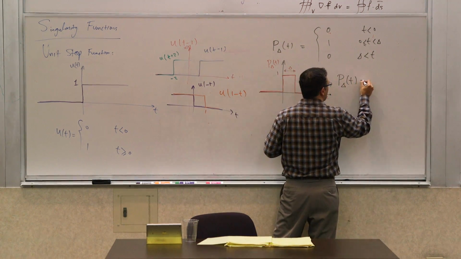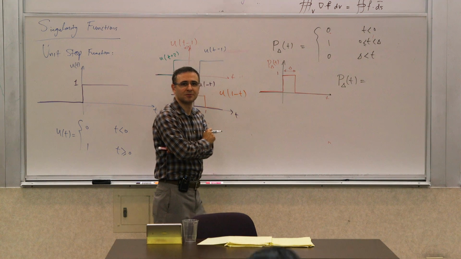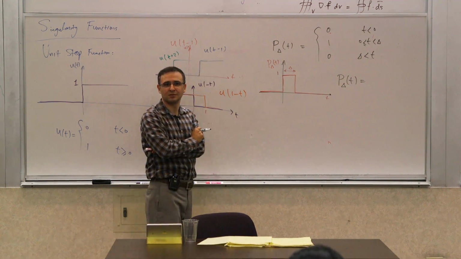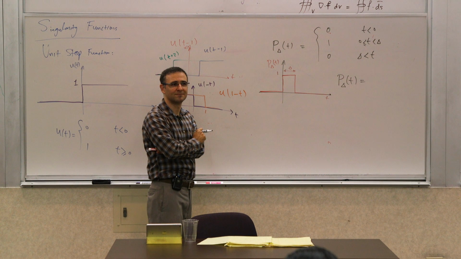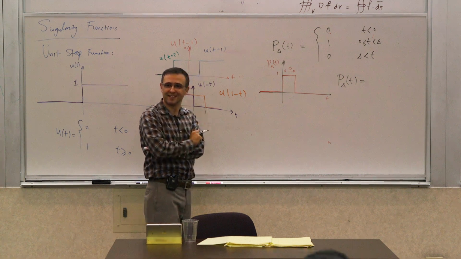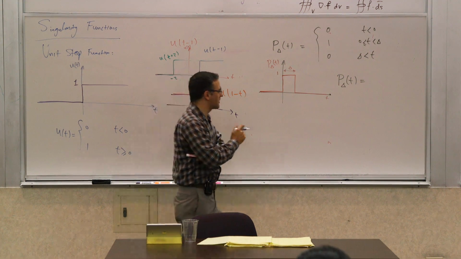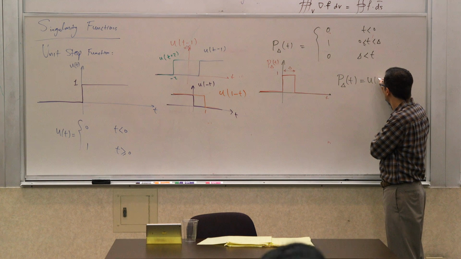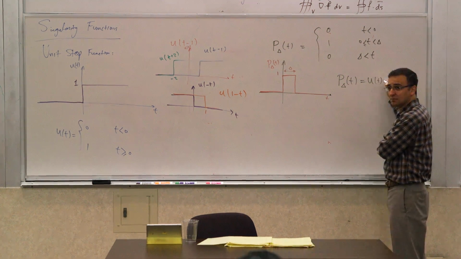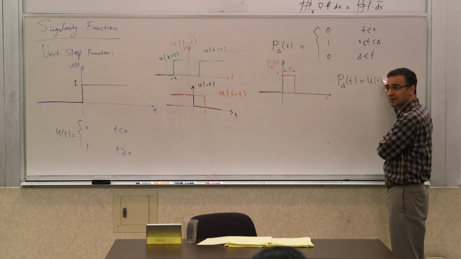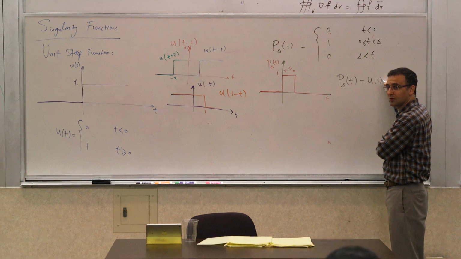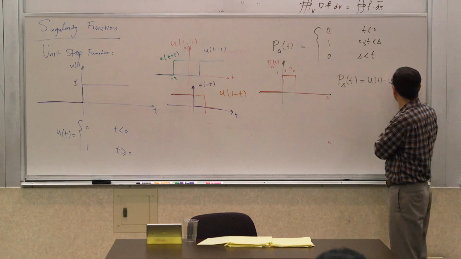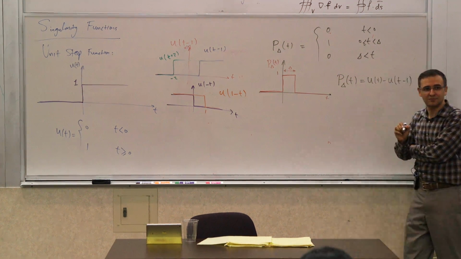P delta of t equals something that's written in terms of the unit steps. Anybody? Yes. So say again, u of t minus u of t minus 1, right?